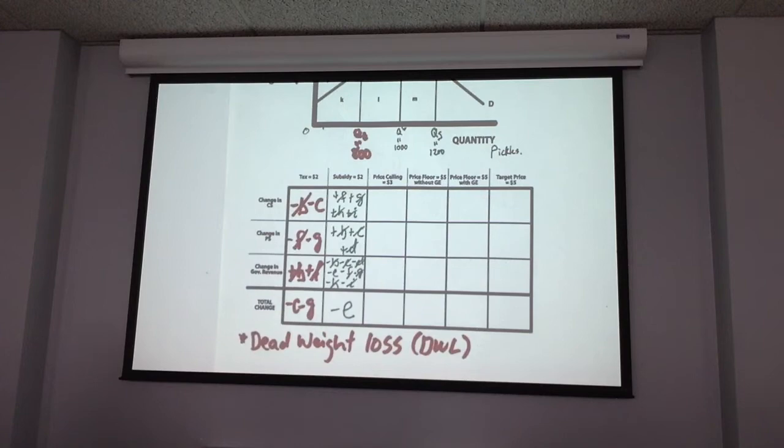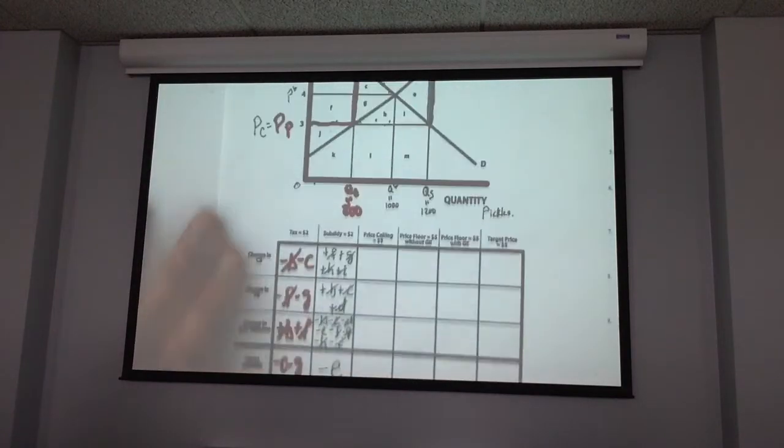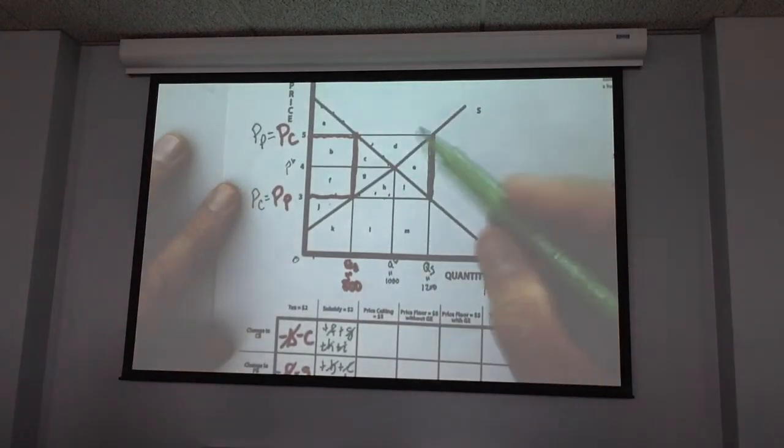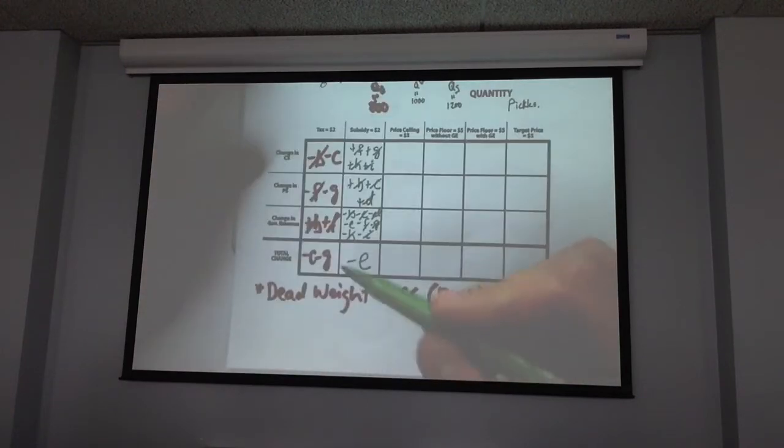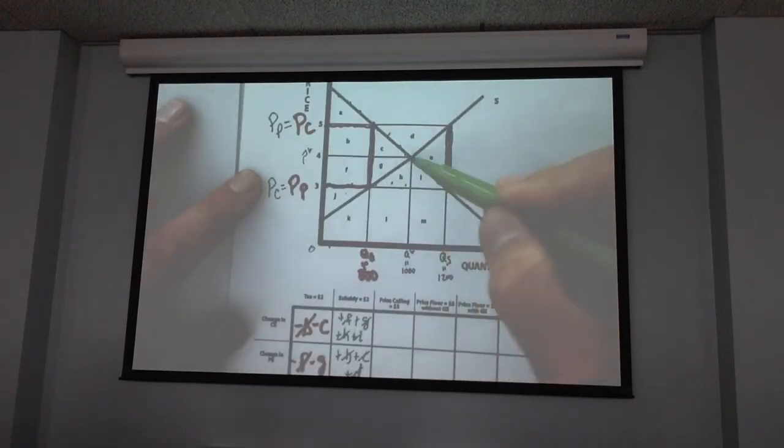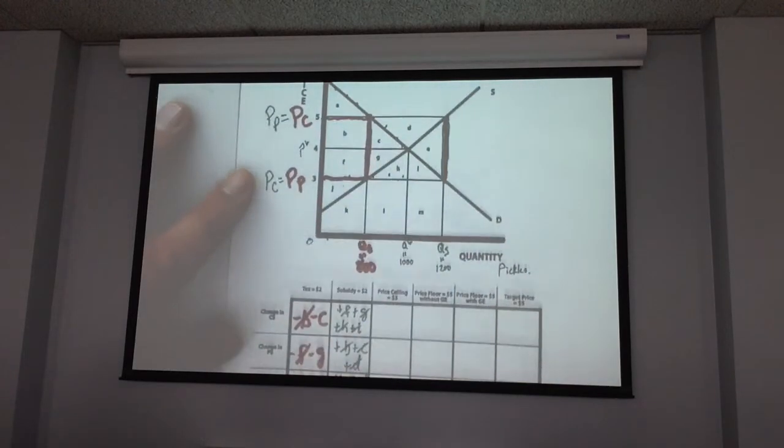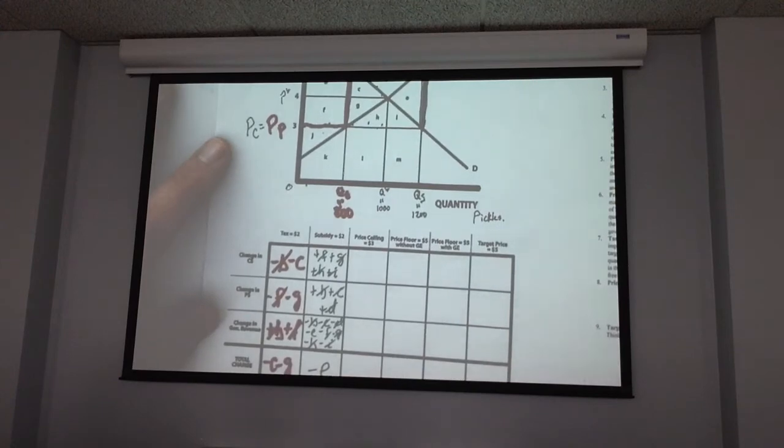So upstairs on our graph, we've got this triangular region, which coincidentally looks kind of close to our minus C minus G, which was this area over here. All right, questions on that?